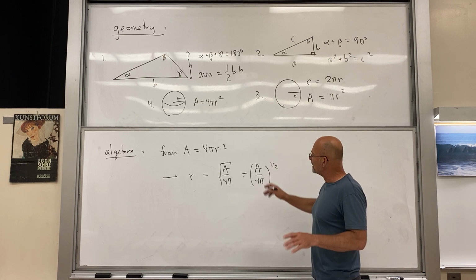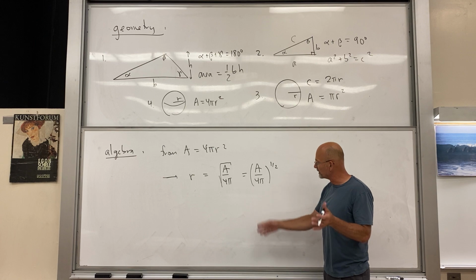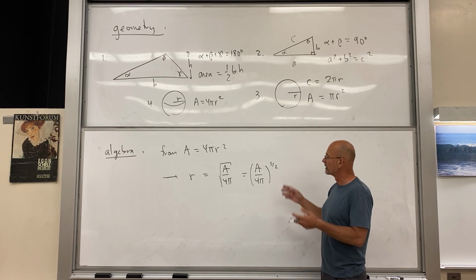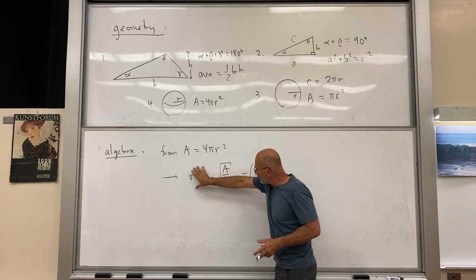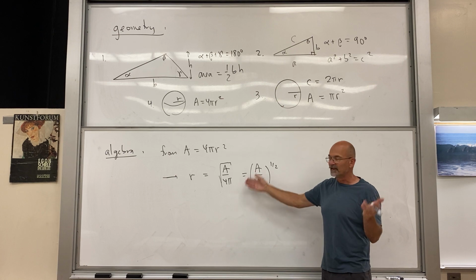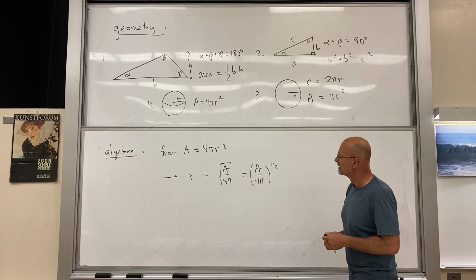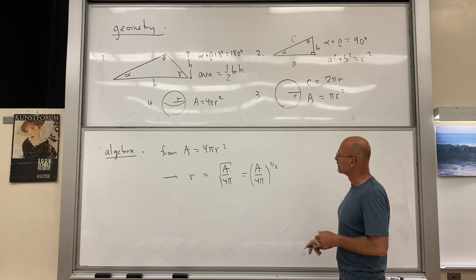And in a problem, you don't want to plug in numbers until the very end. Okay? If this were a problem and you were given some quantities here, you'd first solve this. That would be your answer, and then you could plug in some numbers and the number of the area. Okay, so that's an example of the kind of algebra we do, and we do quite a bit of it.